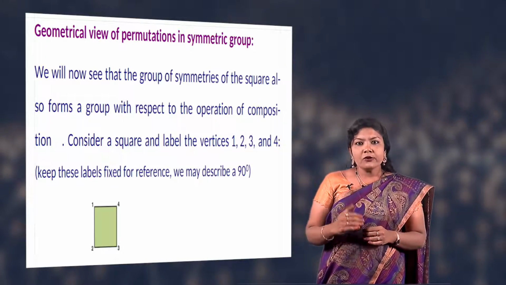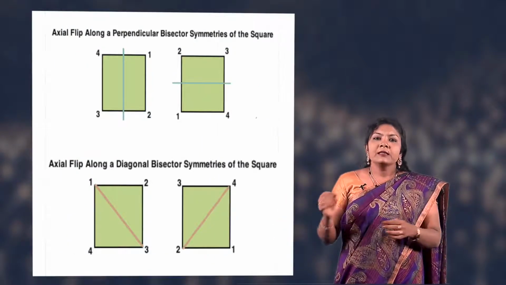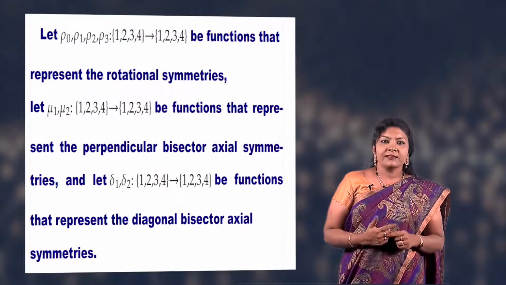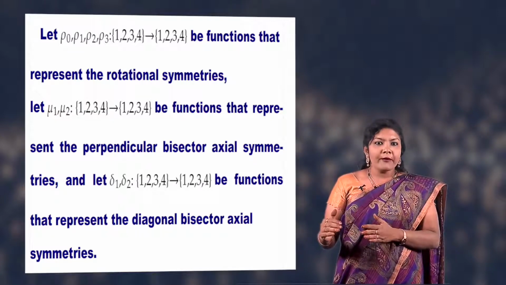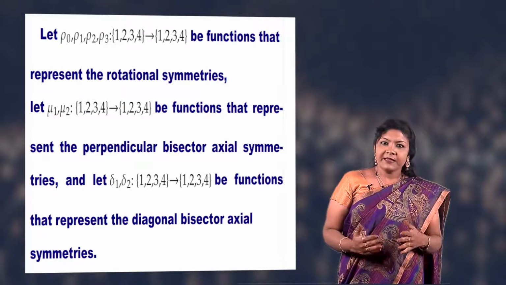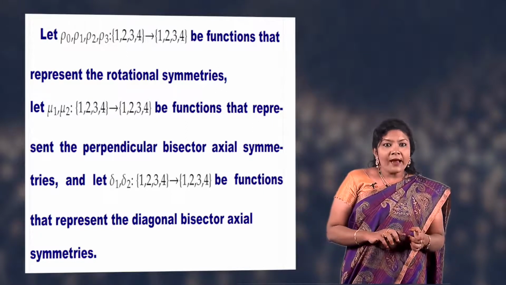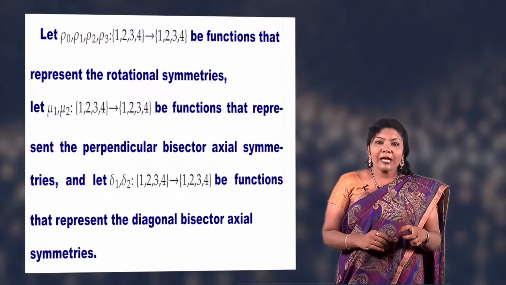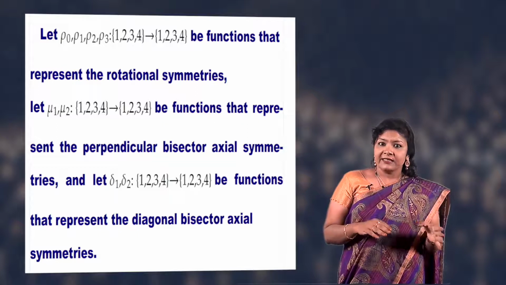Let rho 0, rho 1, rho 2, rho 3 from the set 1, 2, 3, 4 mapping to the set 1, 2, 3, 4 be functions that represent the rotational symmetries. Let mu1, mu2 from the set 1, 2, 3, 4 mapping to the set 1, 2, 3, 4 be functions that represent the perpendicular bisector axial symmetries, and let delta 1, delta 2 from the set 1, 2, 3, 4 mapping to the set 1, 2, 3, 4 be functions that represent the diagonal bisector axial symmetries.